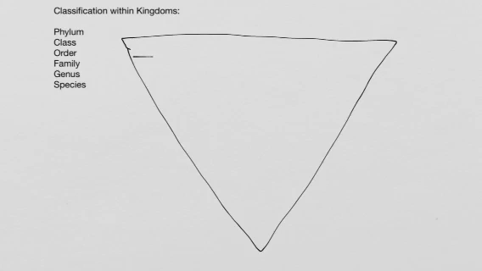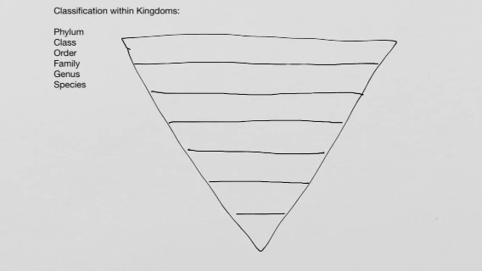So we have up here the idea of the kingdom, and I'm going to try and divide the triangle into 7 equal pieces. The widest, broadest band is at the top, and this is where our kingdom is.